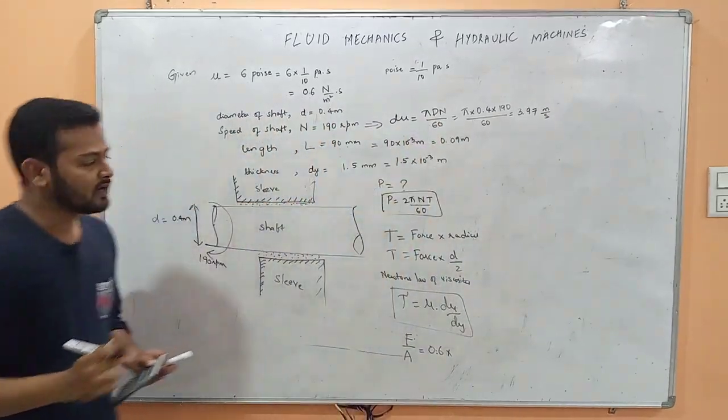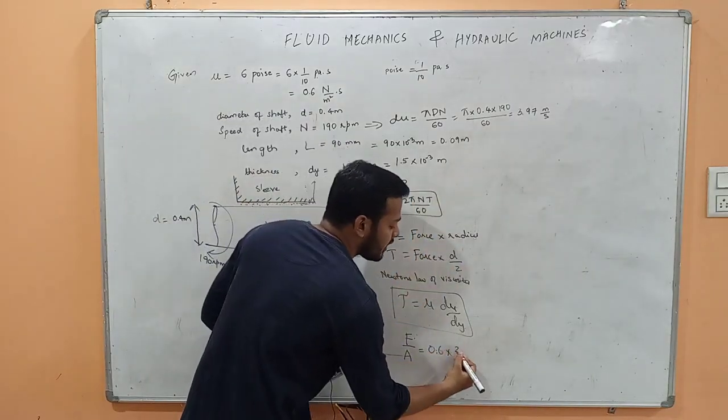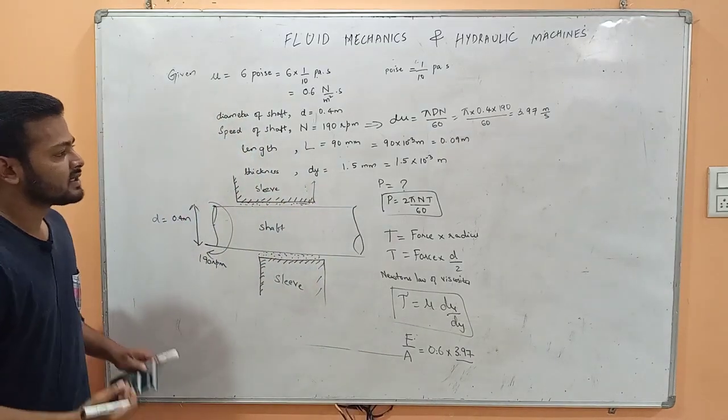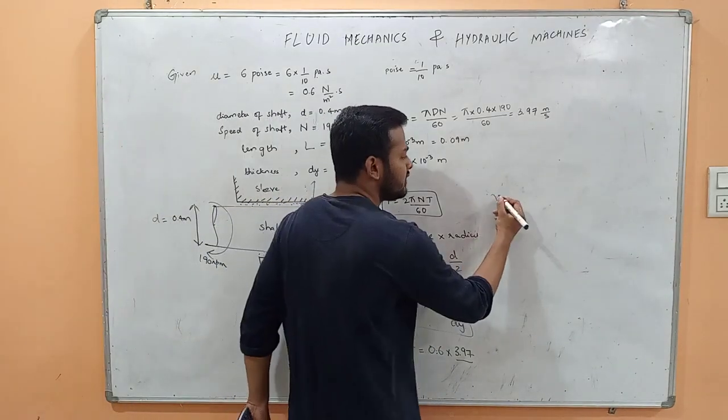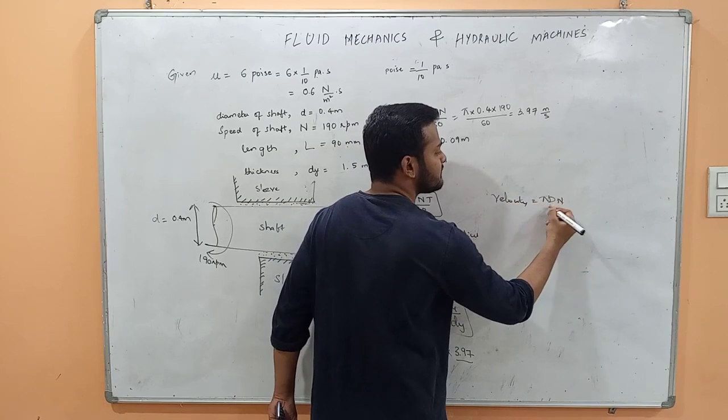The velocity formula is pi d n by 60. We have already learned this last year also. Whenever speed is given, you can find out velocity. There is this famous relation, velocity is equals to pi dn by 60.